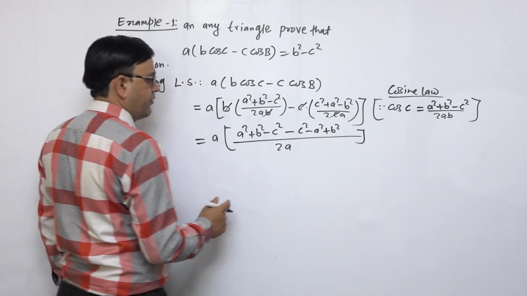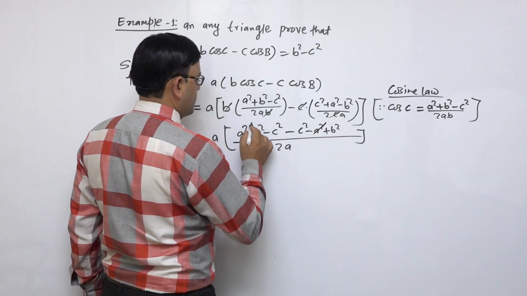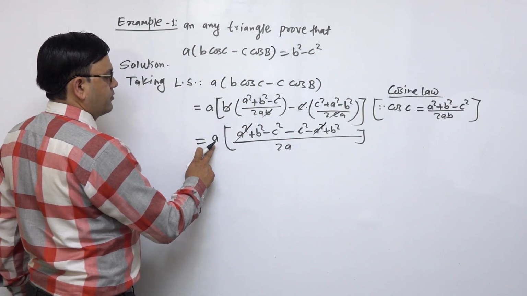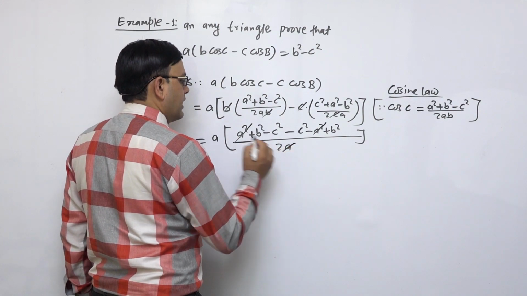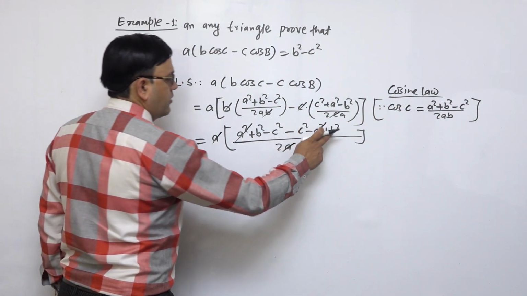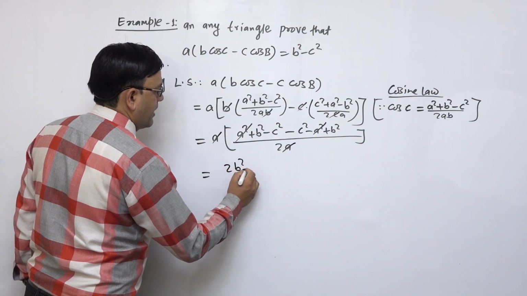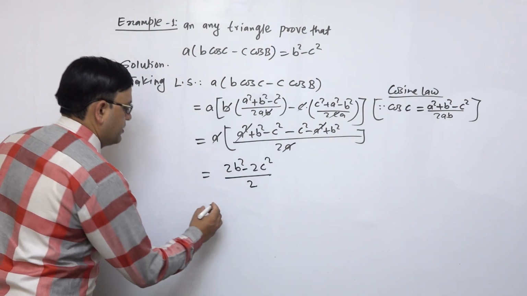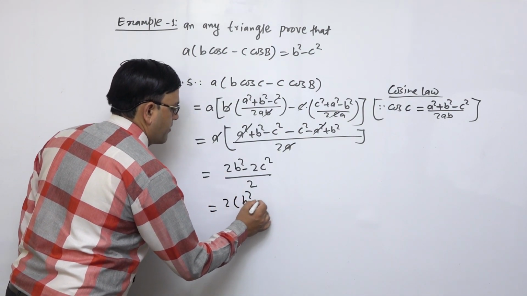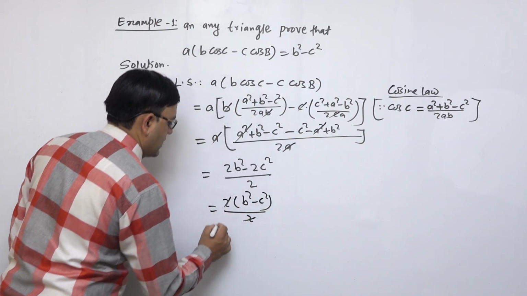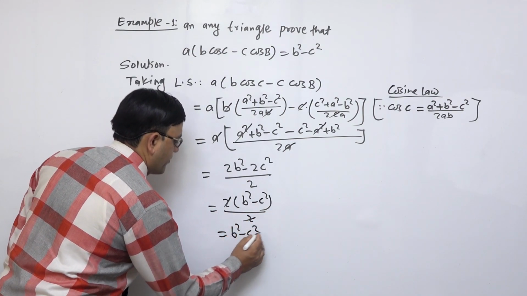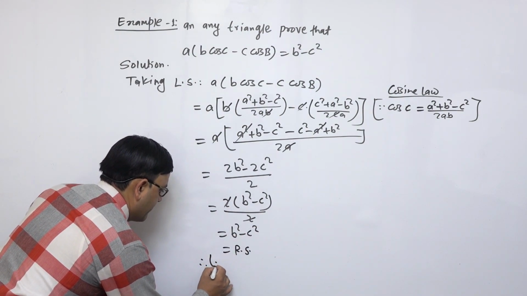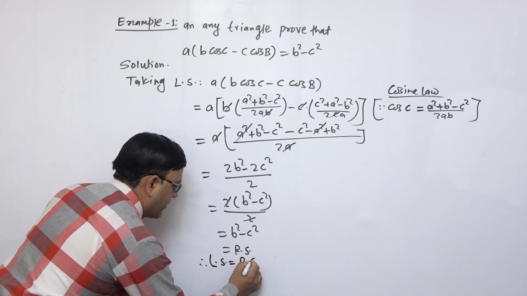Here minus a square plus a square cancel. Here is also a and a, so we can cancel this a and a. Now we have 2b square minus 2c square by 2. Now we can take 2 common, so (b square minus c square) times 2 by 2. This and this cancel. This is equal to b square minus c square. This is equal to the right side. Therefore left side is equal to right side, hence proved.